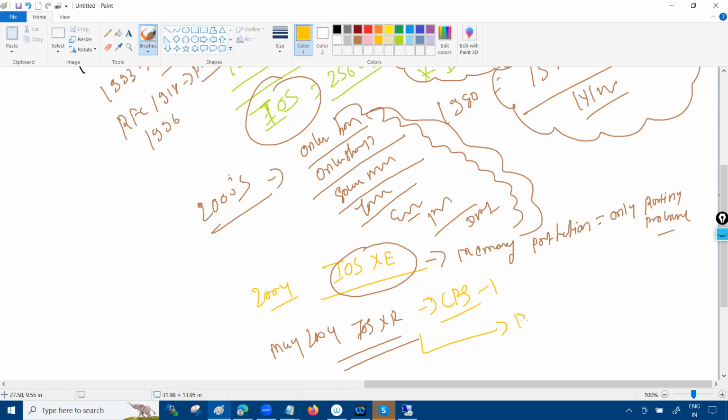I'll provide memory protection for each and every process. IOS XR allows you to restart any process without impacting another process. For example, you can restart OSPF process 1 without impacting OSPF process 2.